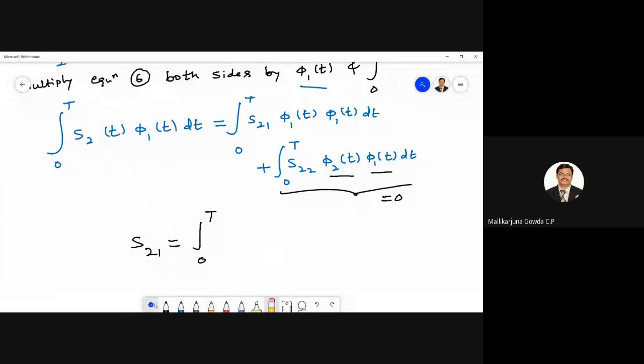It is S2 of t pi 1 of t into dt, which is equal to integral 0 to t S21 pi 1 of t into pi 1 of t into dt plus this term. This term is 0 because they are orthonormal, and the integral of pi 1 square of t into dt is equal to 1. So that is why I am writing S21 is equal to integral 0 to t S2 of t.